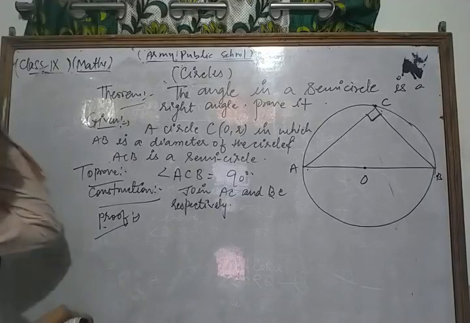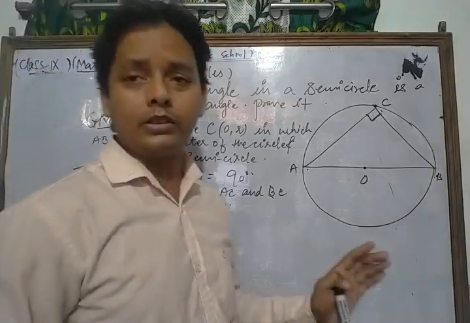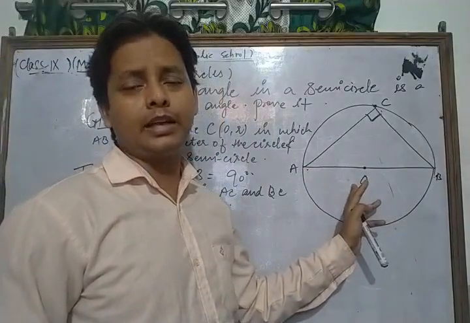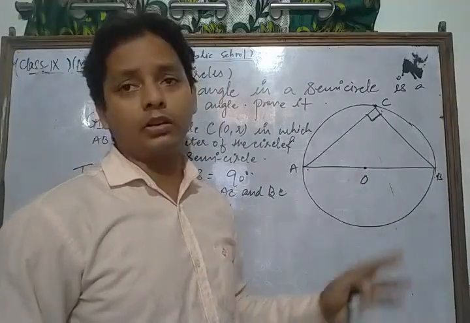Here I just discussed a theorem that the angle subtended by an arc at the center of the circle is 2 times the angle subtended by that arc at any remaining part of the circle.